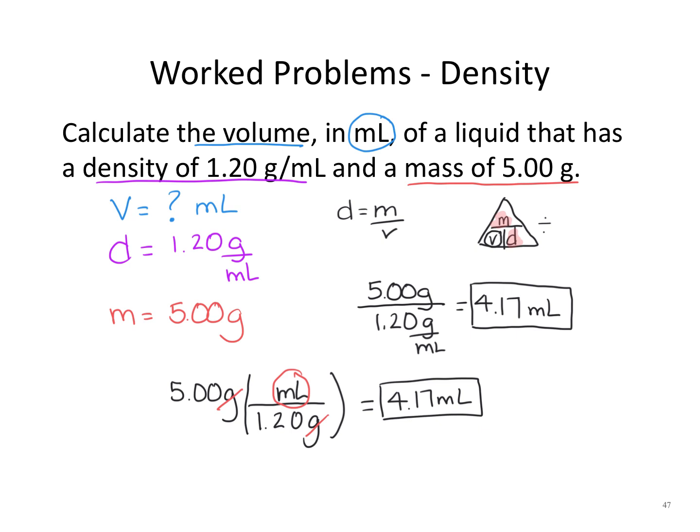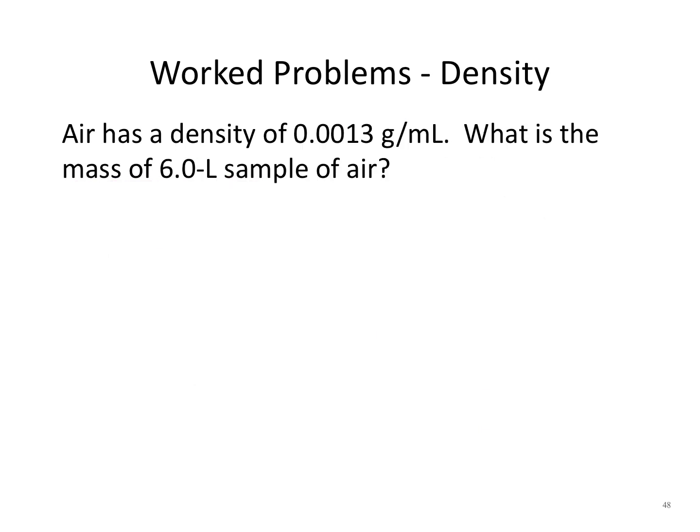Let's do another example. Okay, air has a density of 0.0013 grams per milliliter. What's the mass of a 6-liter sample of air? So I want to list everything that I know, all my context clues. So we've got a density of 0.0013 grams per milliliter. So density equals 0.0013 grams per milliliter, right?